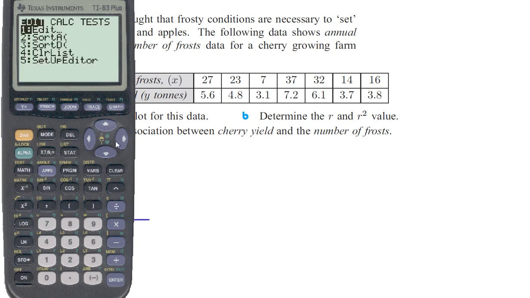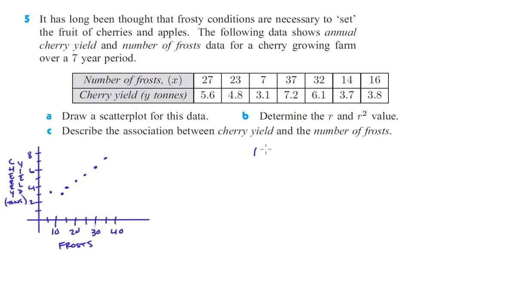We'll do stat, calculate, linear regression, and see what we get. So our R value is basically 0.99, and our R squared is 0.98. So R equals 0.99, R squared equals 0.98.